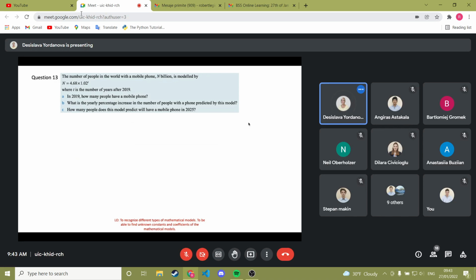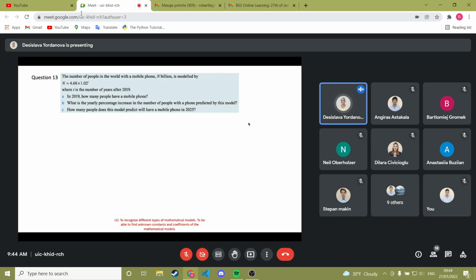How do we find it? t equals 0, because that's the moment at which we start using this model. So when t equals 0, what's n? 4.68 billion. So in 2019, 4.68 billion people have a mobile phone.